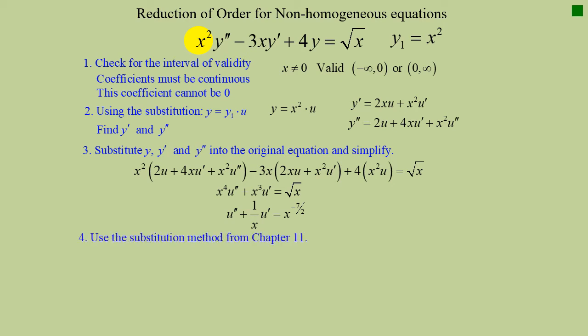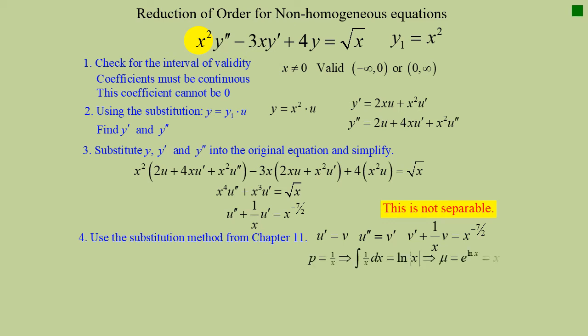So we'll still use the substitution method. Only this time it's not separable like previously. So we're going to have to find some other way of solving that differential equation. Well, that is a linear differential equation, so we can find the integrating factor and then change this and integrate.